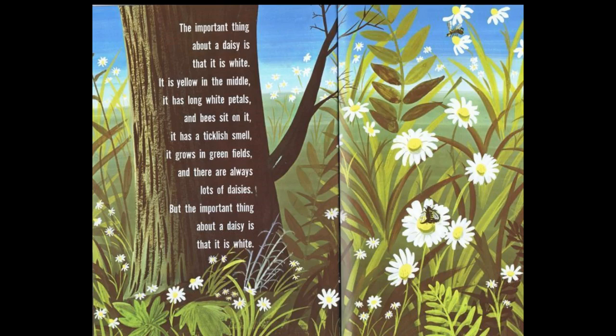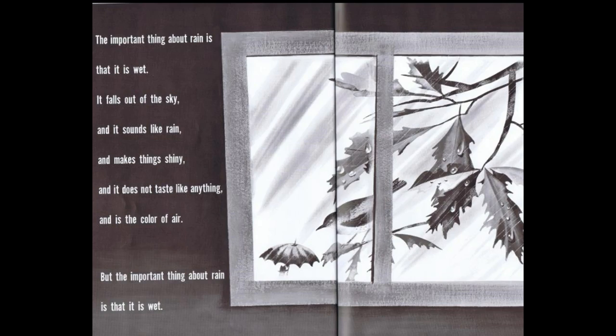It has a ticklish smell, it grows in green fields, and there are always lots of daisies. But the important thing about a daisy is that it is white. The important thing about rain is that it is wet. It falls out of the sky, and it sounds like rain, and it makes things shiny, and it does not taste like anything, and it is the color of air. But the important thing about rain is that it is wet.